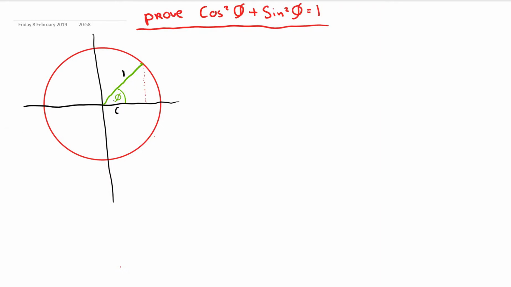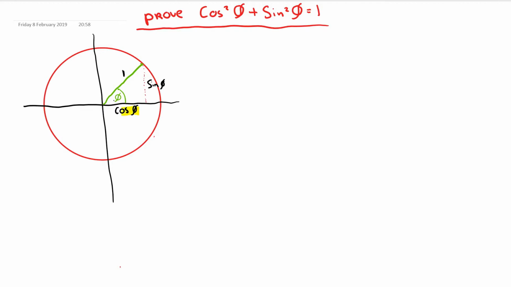We're going to call it cos of theta, because we would know that. And over here then is sine of theta. We could call that the opposite side, but in this method we're calling them cos of theta and sine of theta.